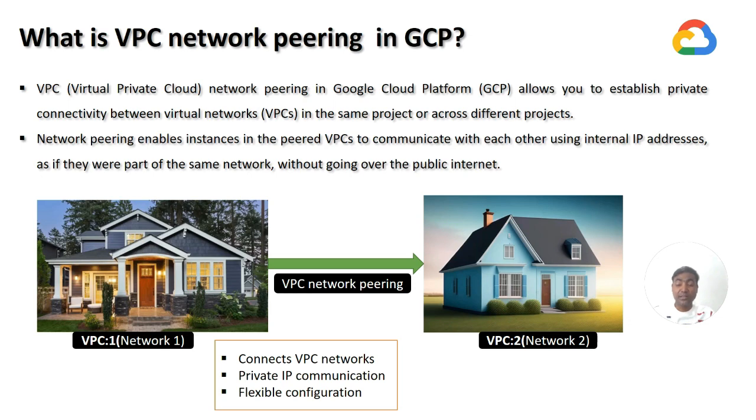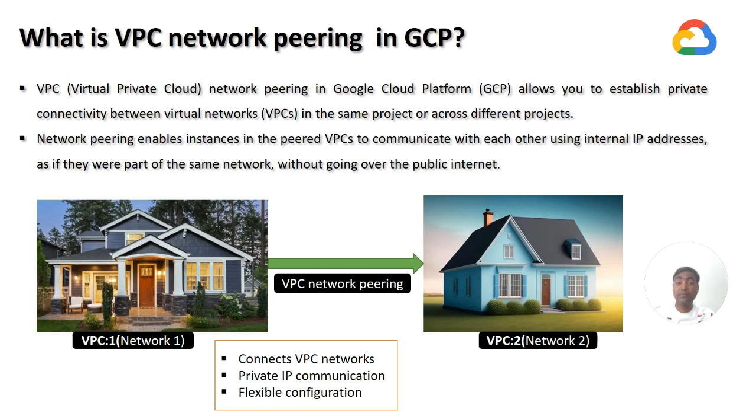For example, let's imagine you have two VPC networks in GCP. As you can see in the picture, network 1 and network 2. Network 1 contains your web server running in a production environment. Network 2 contains your database server and internal application server. You want your web server in network 1 to be able to access the database server in network 2 without going through the public internet. Here VPC network peering can help.